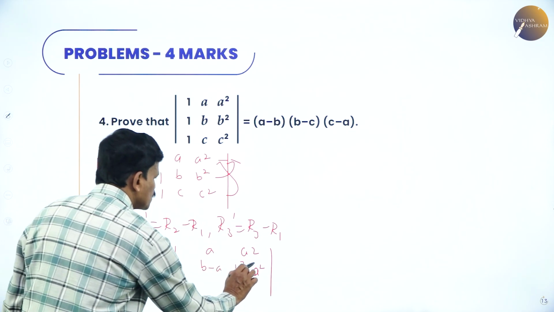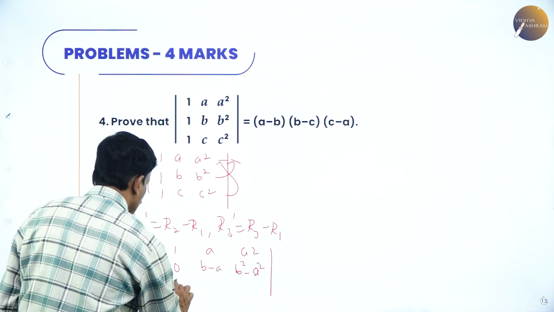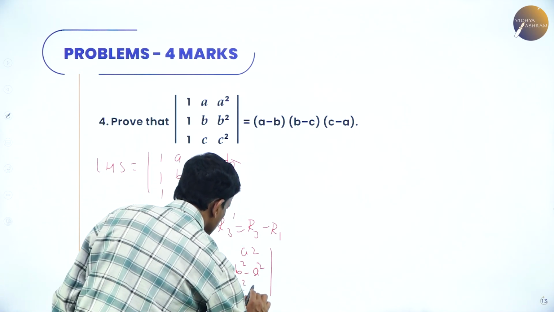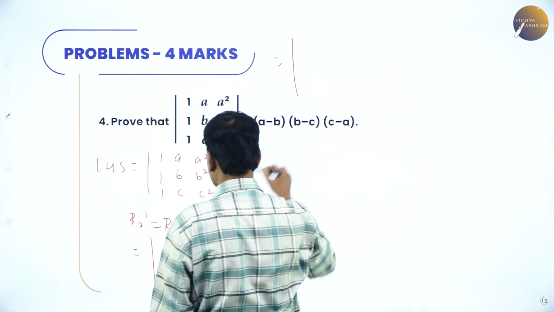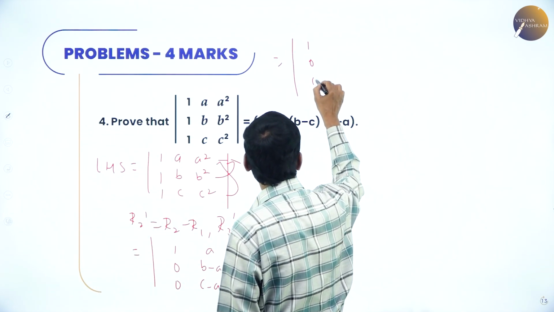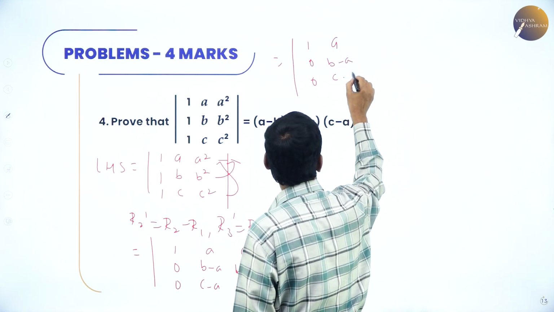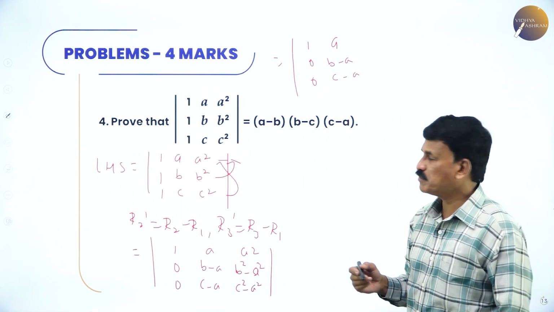Similarly, R3 dash is equal to R3 minus R1: 1 minus 1 is 0, c minus a, then c square minus a square. Now, this can also be written as 1, 1, 1 as it is, 0, b minus a, b square minus a square; 0, c minus a, c square minus a square. You know, a square minus b square is equal to a plus b into a minus b.